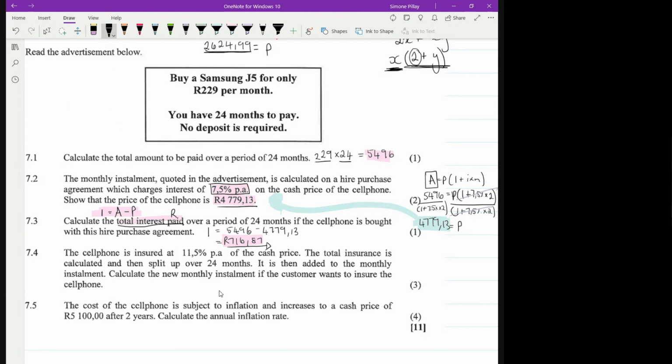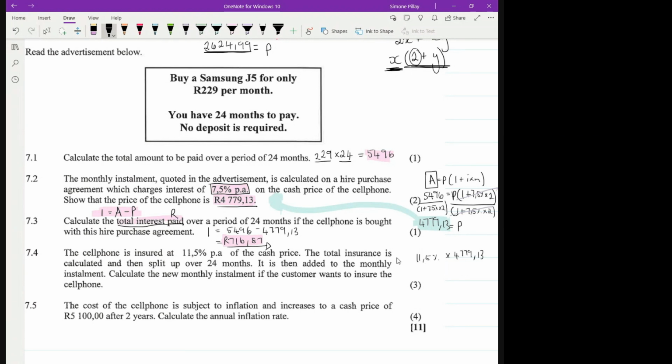So looking at this question again, they said my cell phone is insured at 11.5% per annum of the cash price. Total insurance is calculated and then split up over 24 months. So in other words, I want 11.5% per annum multiplied by the price of my phone, 4,779 Rand 13 cents.